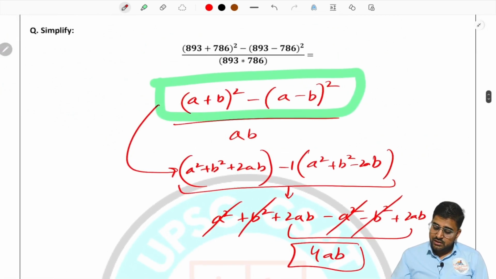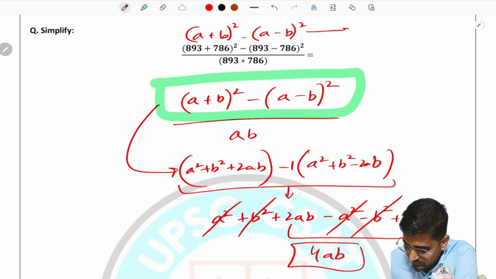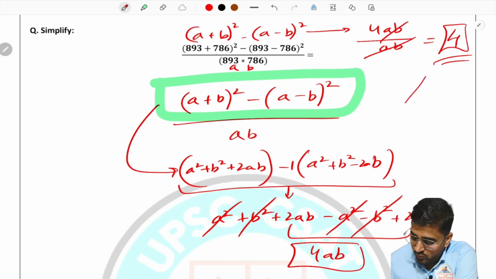So in the question, here there is a plus b square, here it is a minus b square. According to this expression, this becomes 4ab, and this is also ab, so this will cut and it always gives you the answer 4. I am using the term always.